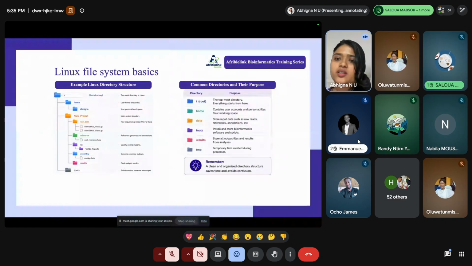For example, root is the topmost directory, and home contains personal files. In the tools folder we have all the scripts and tools installed, and tmp is a temporary folder.